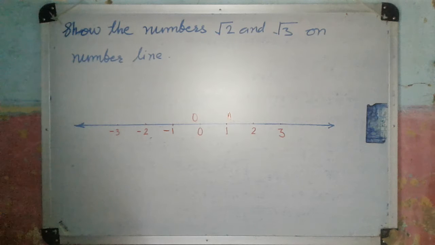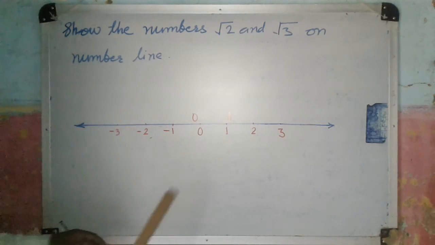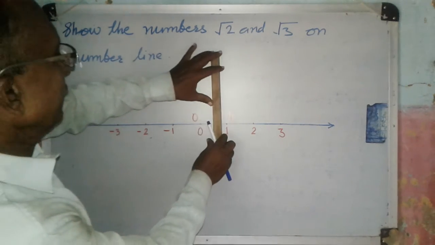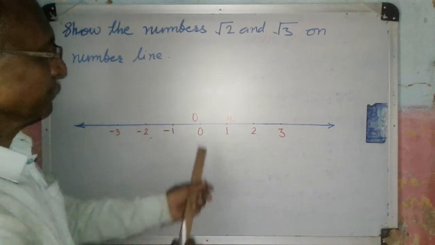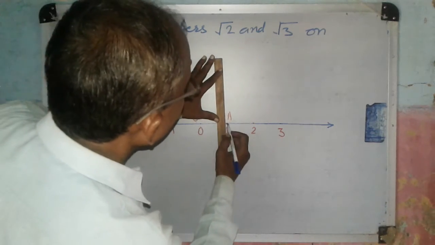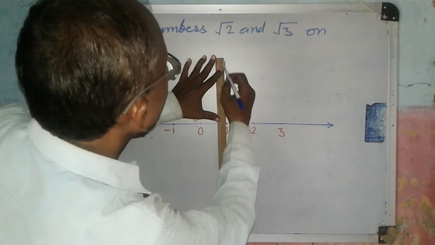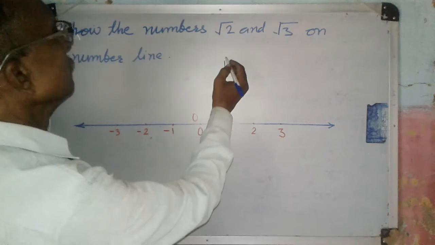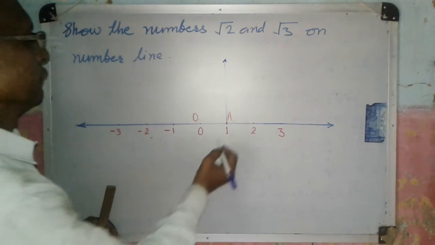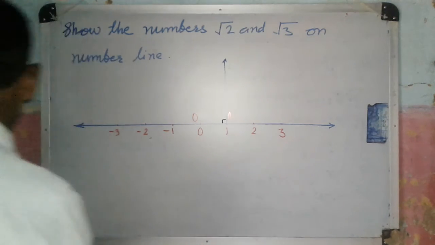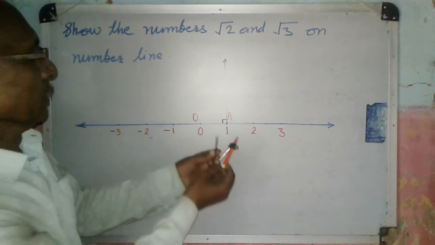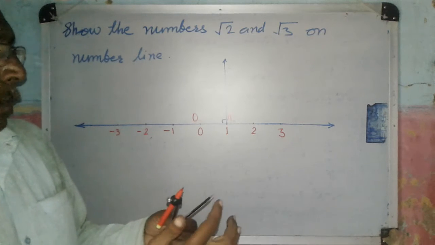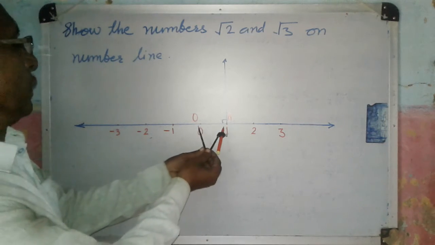Okay, now draw a perpendicular to this number line at point A. Now take 1 unit distance in the compass. Okay, this is 1 unit distance.